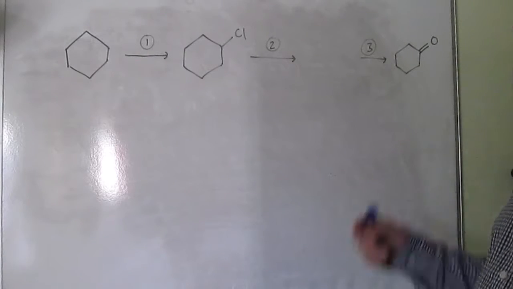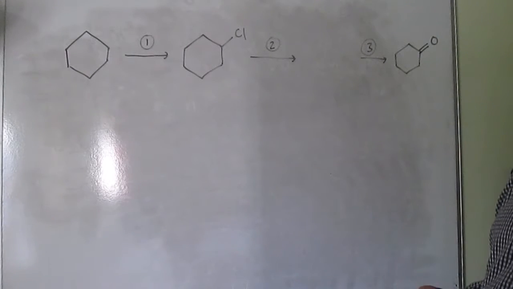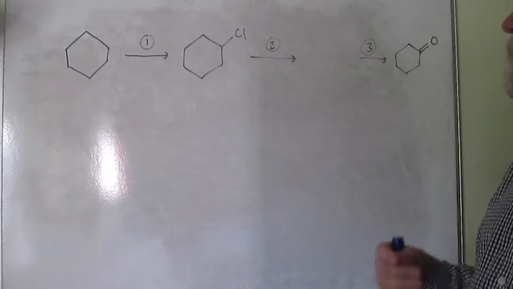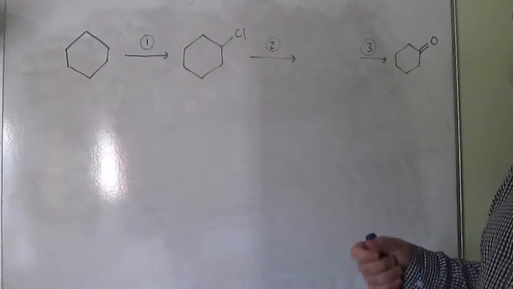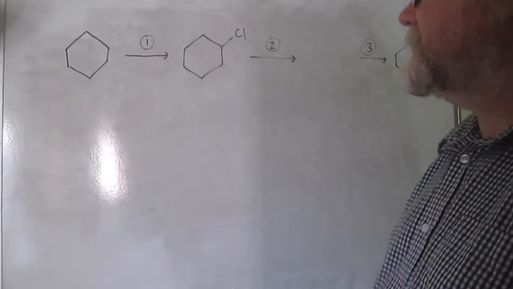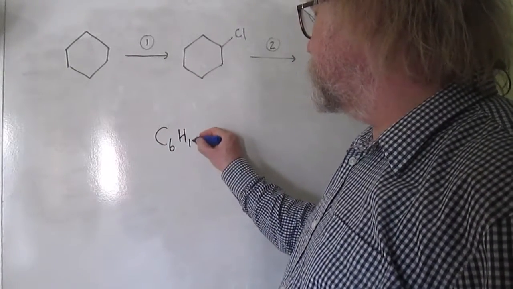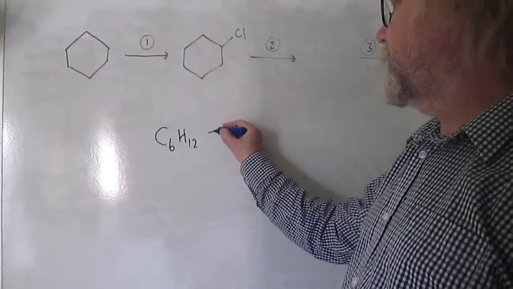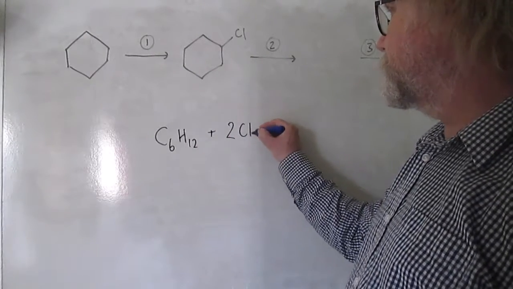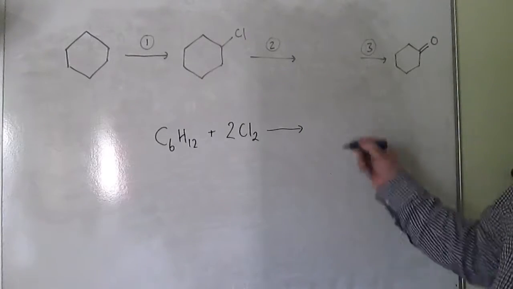The next thing it wants is to know what happens if two chlorines get substituted into the ring to make dichlorocyclohexane. All you really have to remember is that each time a chlorine goes in, an HCl is produced as well. So long as you remember that, then it's easy. So cyclohexane, it says to use molecular formulae, so we've got to use C6H12, and it's going to react with 2 moles of chlorine to give you dichlorocyclohexane.